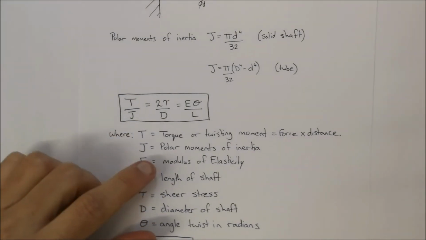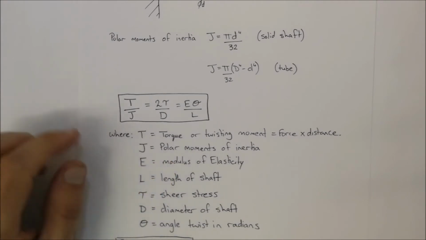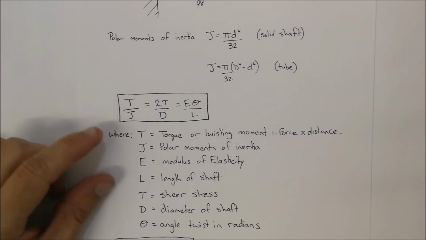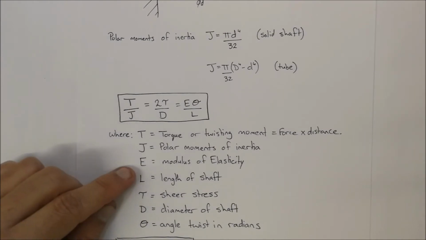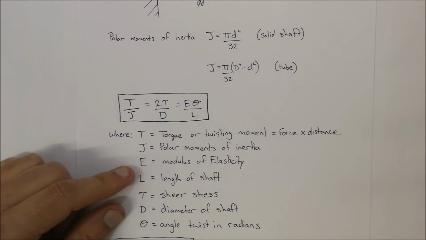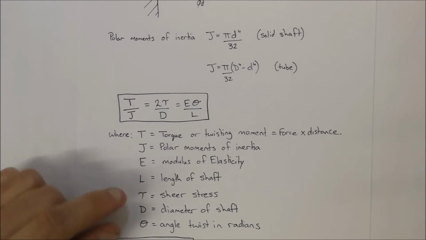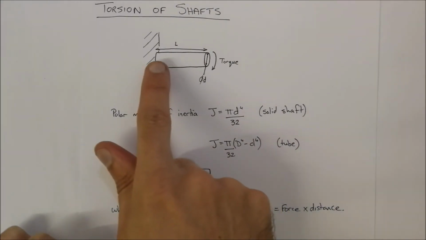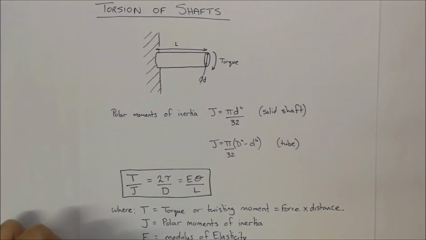We've got J, the polar moment of inertia, and we've just looked at the formulas for it. Remember, E is the modulus of elasticity, something we've covered quite a few times now. L is the length of the shaft. Like in this example, it would be the actual length of the shaft.